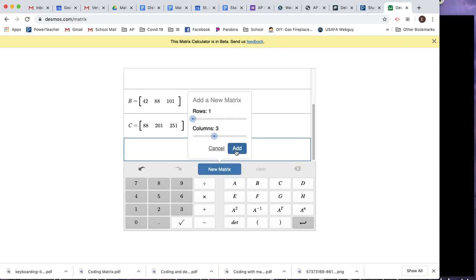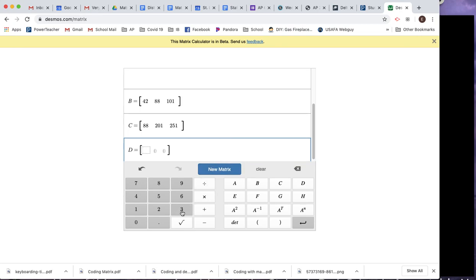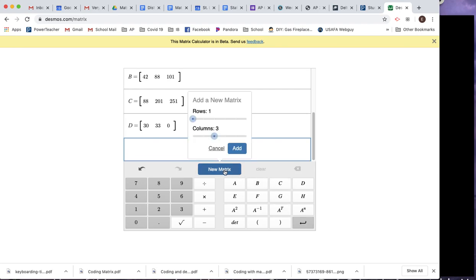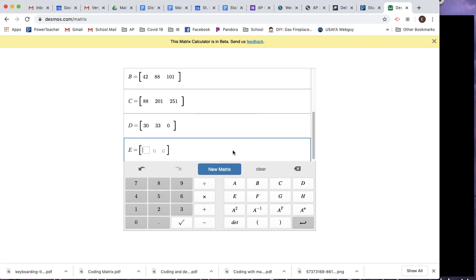New matrix, matrix D. D was, if you look back, it was 30, 33, and 0. And then our last one, new matrix, matrix E, was 26, 56, and 64.